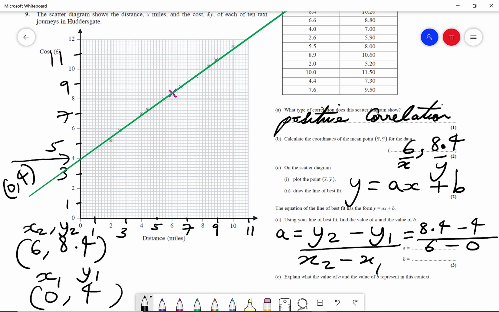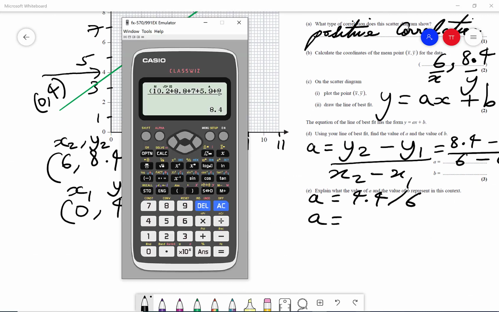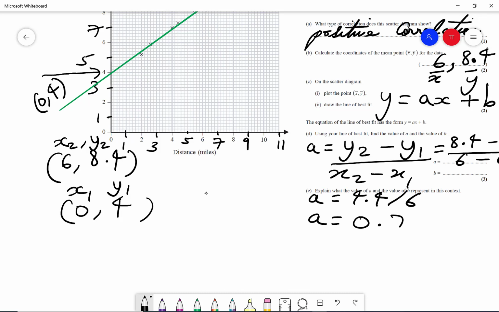It's got to be 6 minus 0. So then that's going to give me the following, that 8.4 minus 4 is 4.4 divided by 6. Okay, now if I get my calculator, I can work that out. So I can do 4.4 divided by 6. That will give me 0.73. So 0.73 is the value of a.